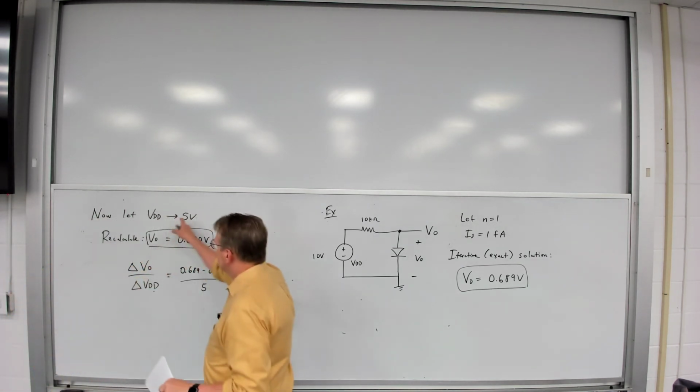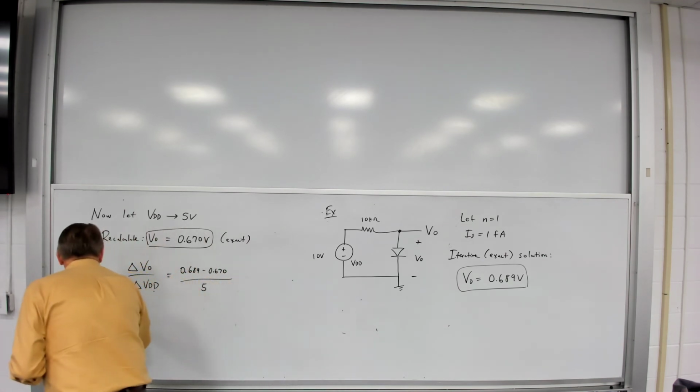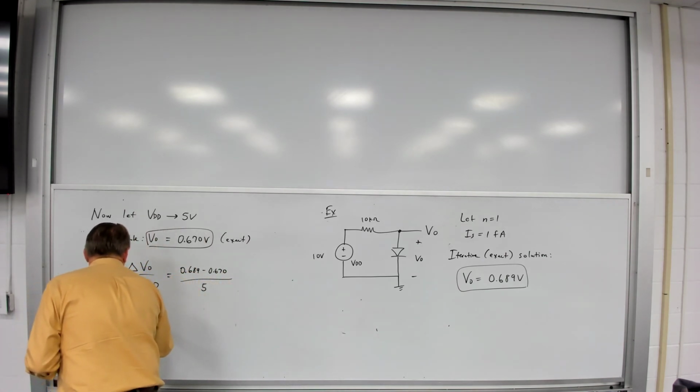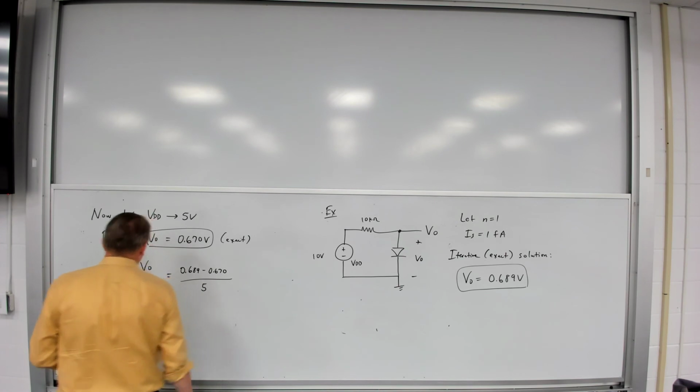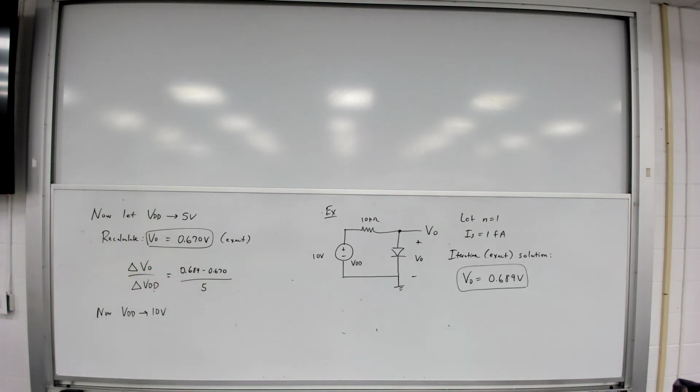And in fact, let's now take this and now let's let VDD go to 10 volts. And again, recalculate V0.